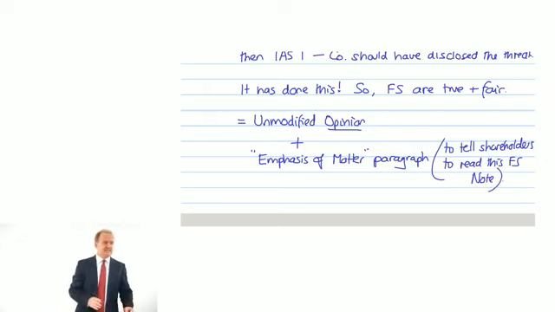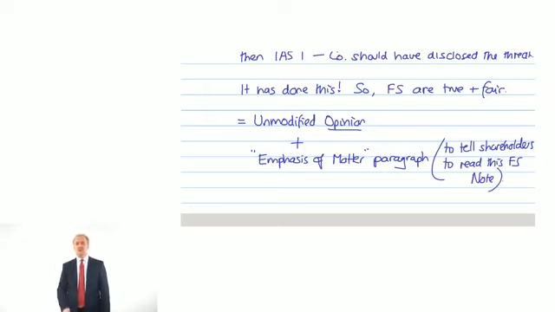As the name suggests, it is an emphasis of something. We are simply highlighting something in the accounts so important we want the shareholders to read it. Typically, if we're doing an emphasis of matter, it's going to be something to do with going concern. It needs to be really important.